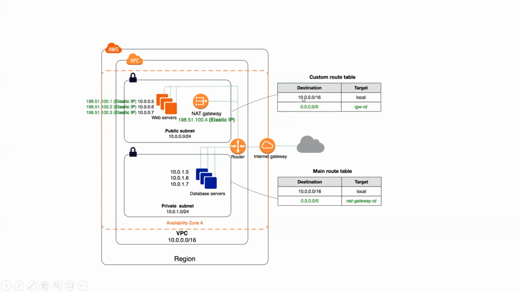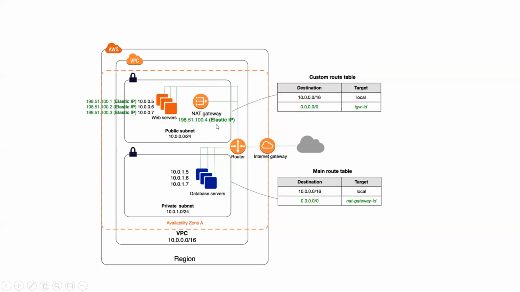Anyone within the VPC, send it to local, meaning you don't need to go through anyone. But for outside the VPC, let's say I call google.com, it sends it to my internet gateway, and the internet gateway will do network address translation and then send it out to Google.